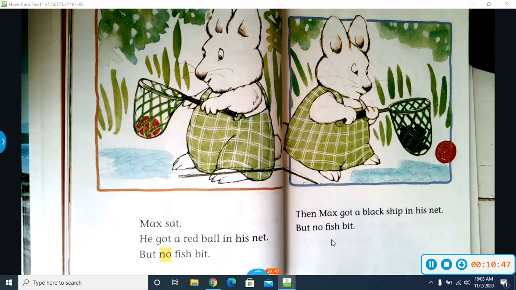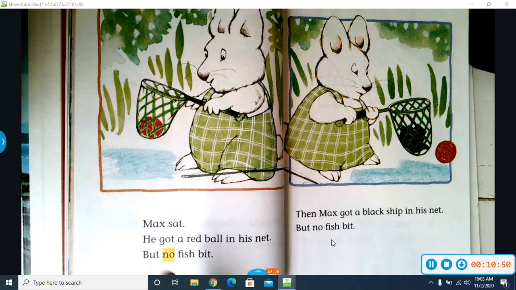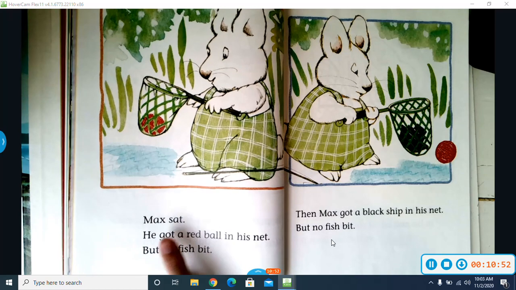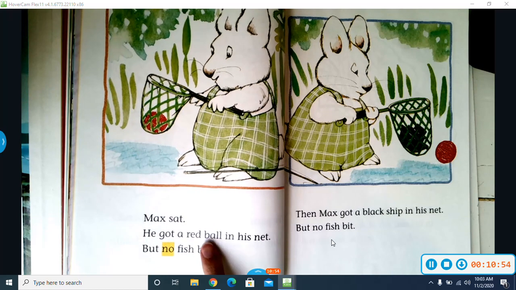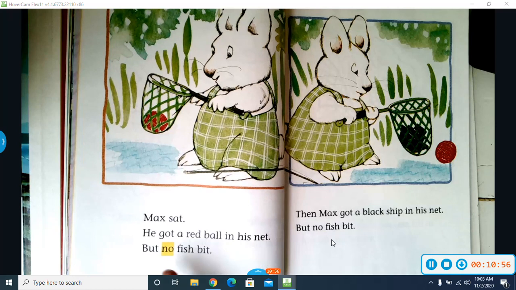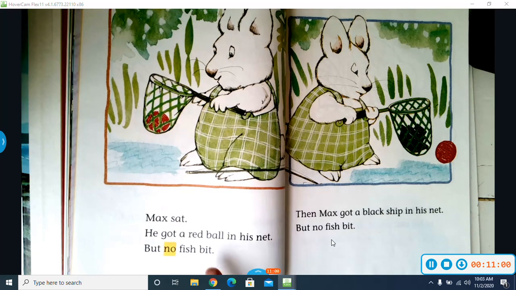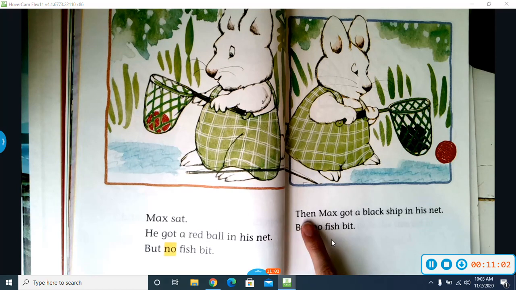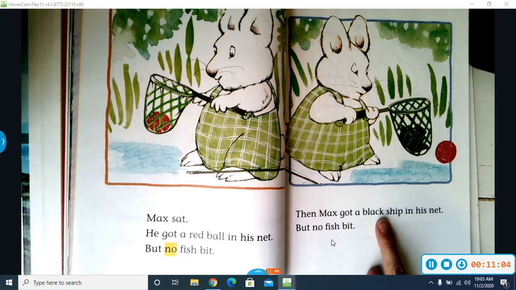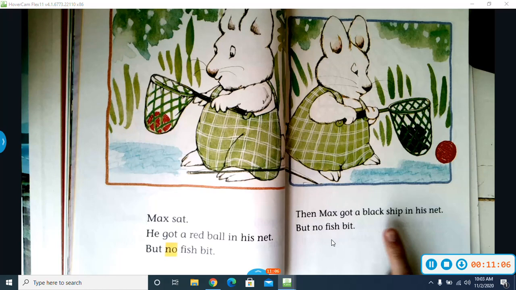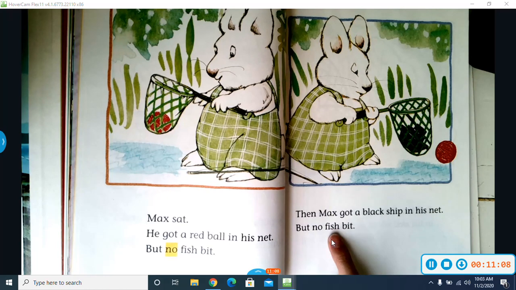All right, let's see what Max gets. Max sat. He got a red ball in his net, but no fish bit. Then Max got a black ship in his net, but no fish bit.